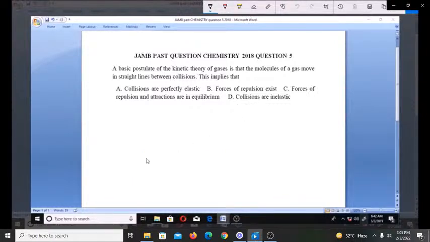Now, for us to understand this and be able to answer it, we need to know about the kinetic theory of gases or matter.